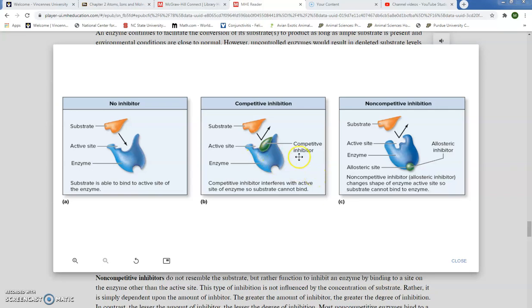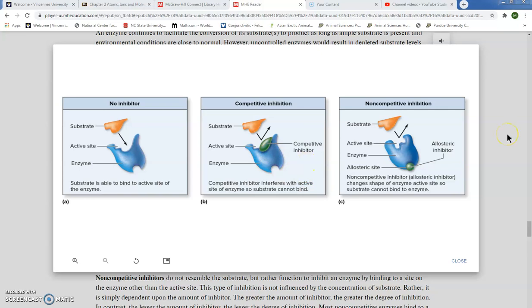And so sometimes this can happen normally in the body. Sometimes there are body processes where we don't want something to happen at this moment. So we have natural competitive inhibitors that inhibit some enzymes sometimes, and then they'll go away and let the enzymes function. So it's a way to regulate various processes in the body.